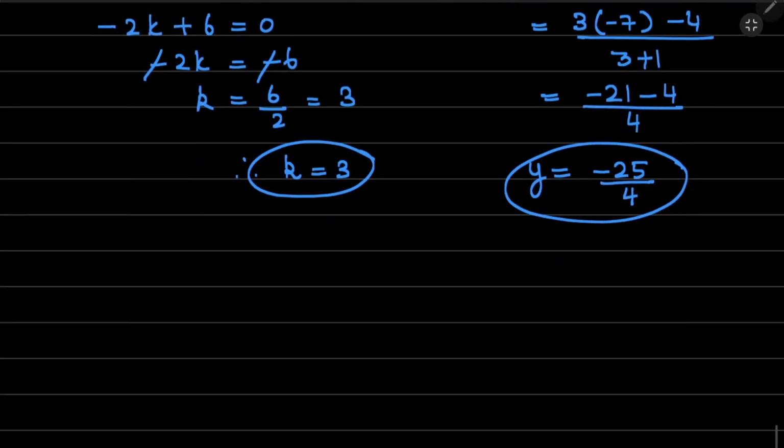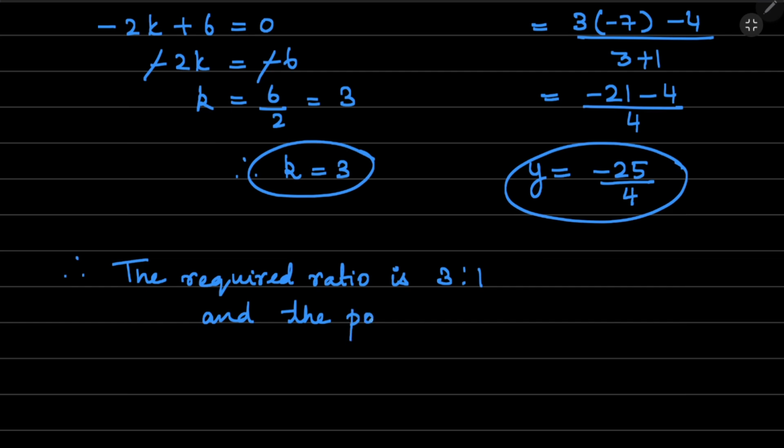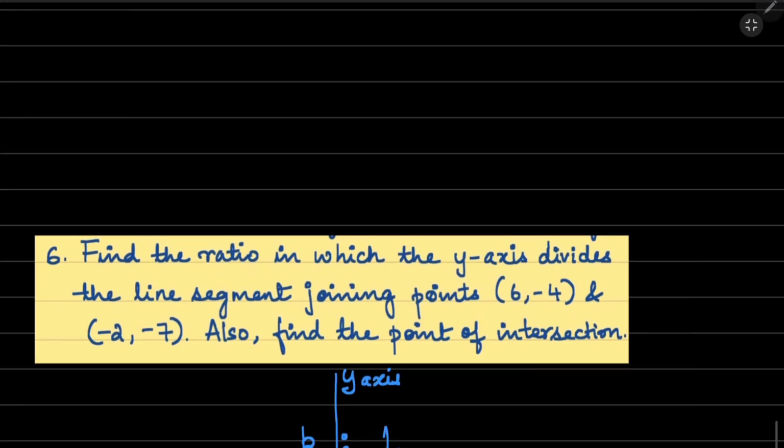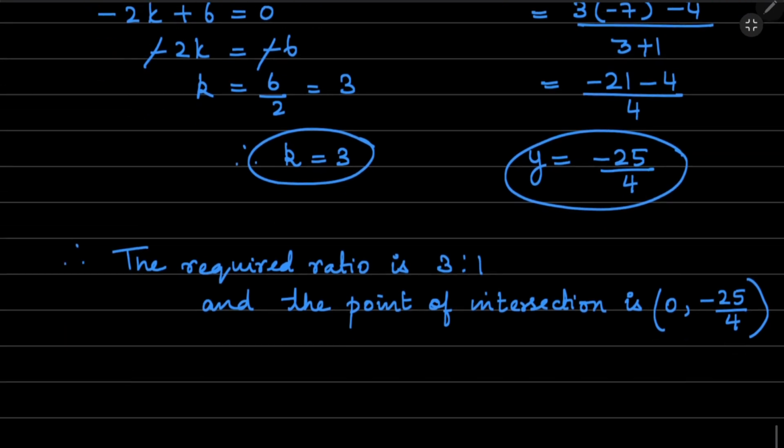So at the end you can just write, therefore, the required ratio is 3:1 and the point of intersection is 0, minus 25 by 4. Okay, that's all. That's your answer.